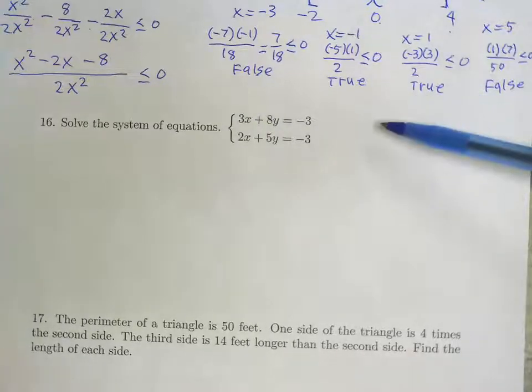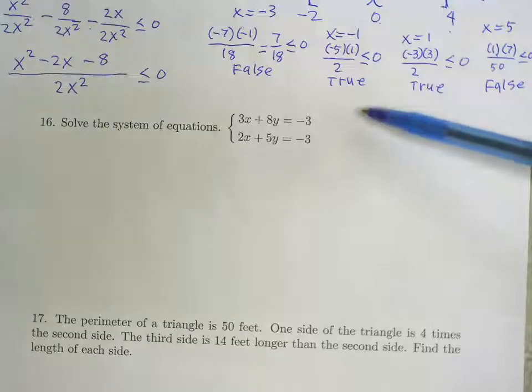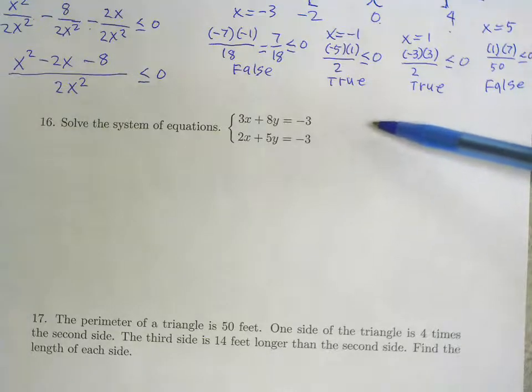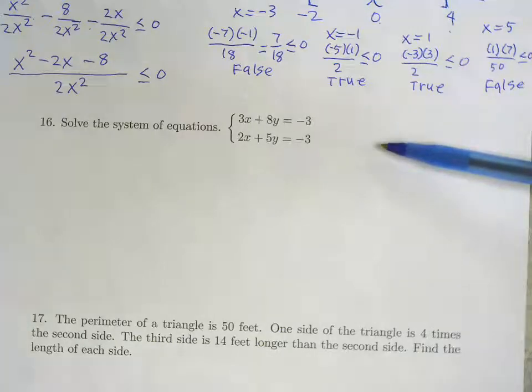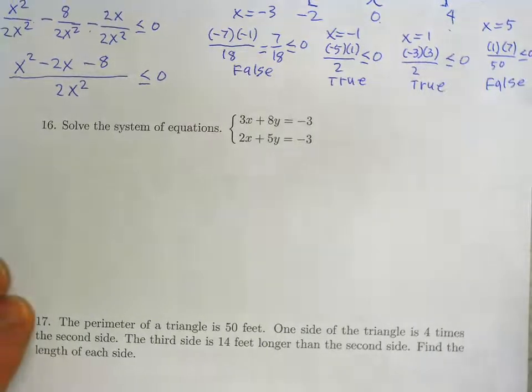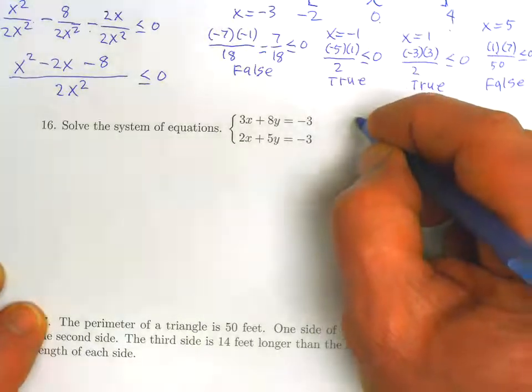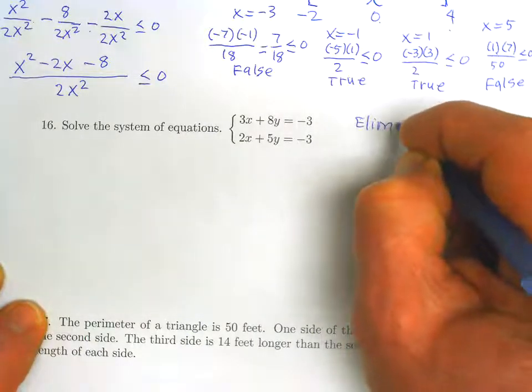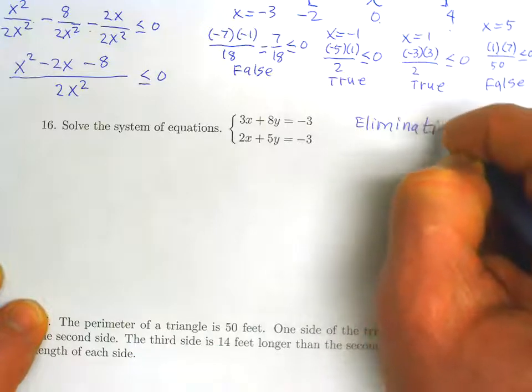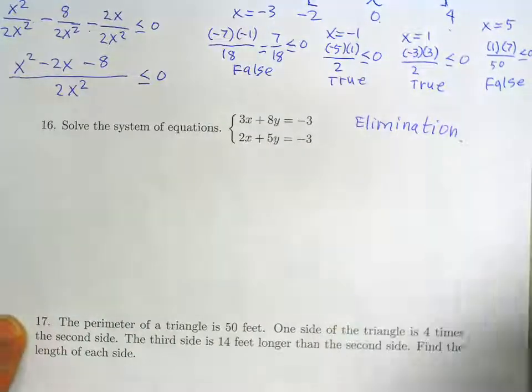And we have 2 practical methods. One is the substitution method, and the other one is the elimination method. So if we use elimination on this one, you're not required to use that, but if we use elimination, we have options.